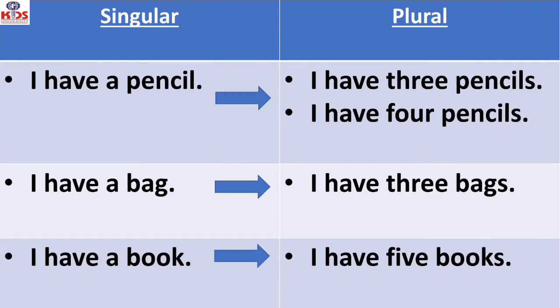But if we have more than one, we say, I have 3 bags. The last one is, I have a book. But if we have more than one book, then we say, I have 5 books.